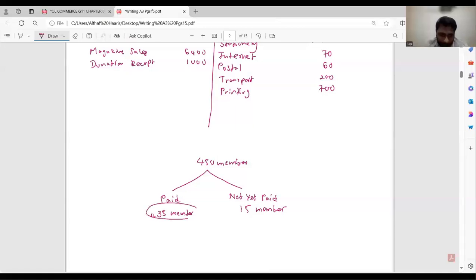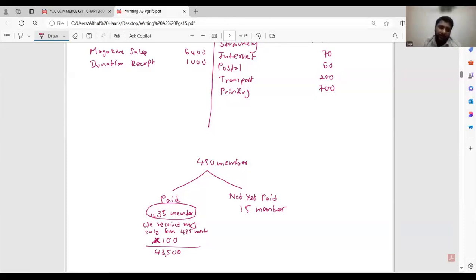So we received money only from 435 members. Each member 100 rupees, so from 435 members, how much might we have received? 43,500.